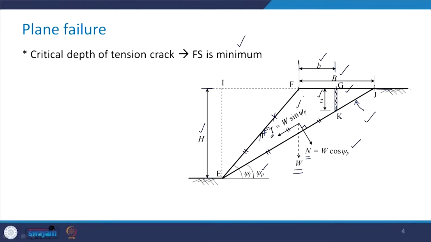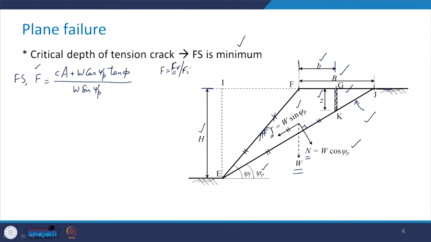So, from the previous class we take the expression for the factor of safety. We saw that this factor of safety, which we represented by F, can be written as C into A plus W cos psi p tan phi divided by W sin psi p. This is nothing but the simple expression that we had in the earlier class, that is F was equal to Fr upon Fi.